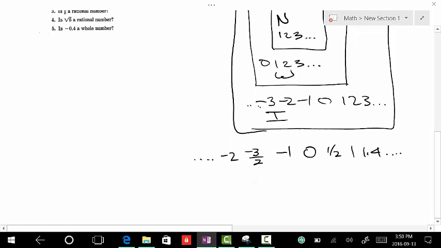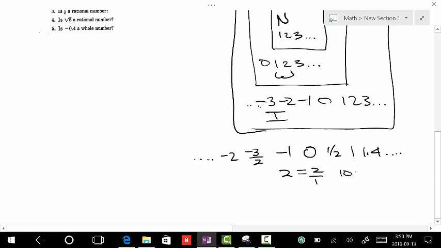Oh, wait a minute. What about the number 2? Is the number 2 a rational number? Well, I can actually write that as a ratio between two numbers: 2 divided by 1. 2 is a rational number.